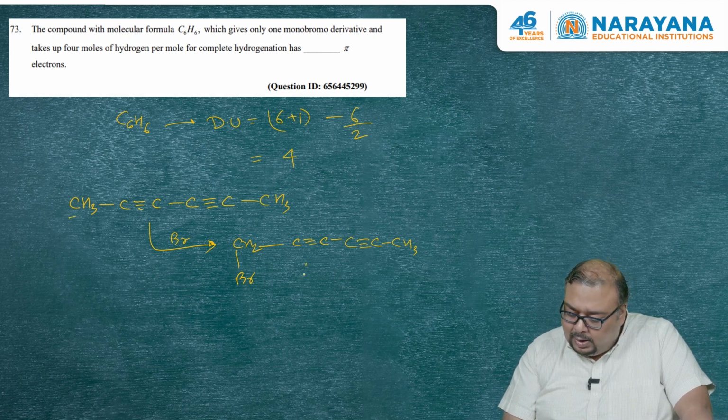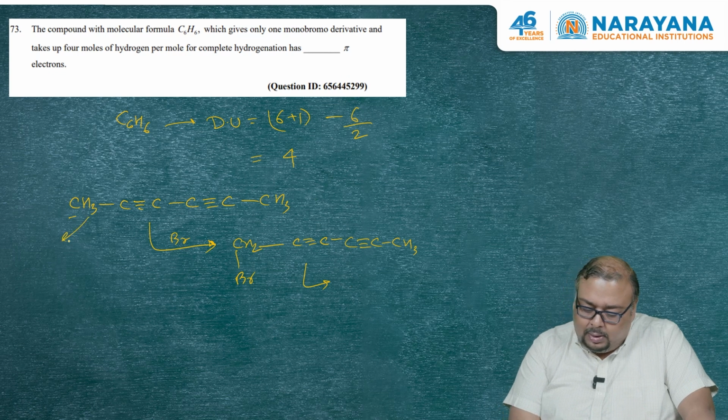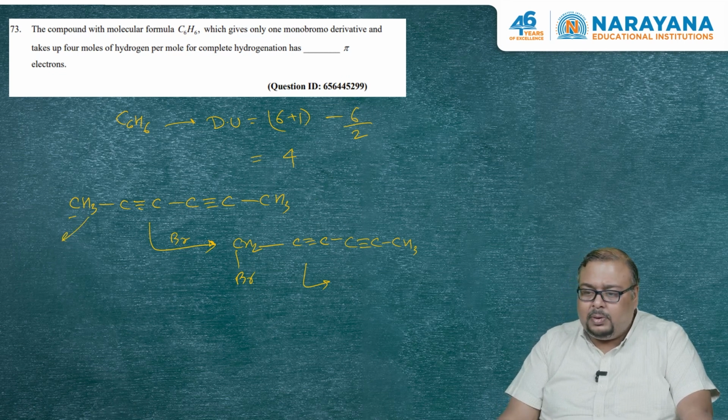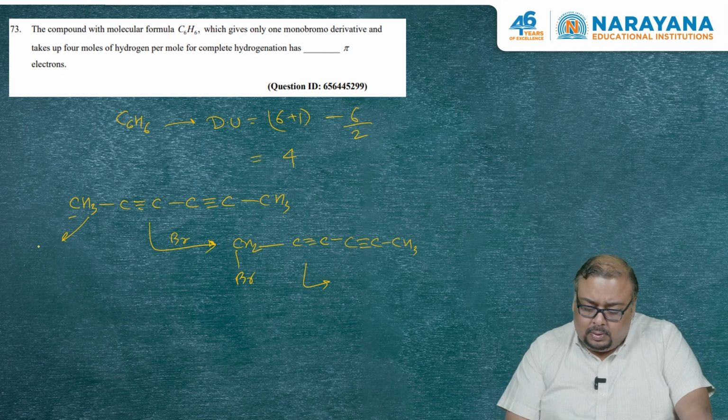So in this case, we can say that this compound is having 4 pi bonds, so it will take 4 moles of hydrogen. So this satisfies our answer. So it is having a total of 8 pi electrons. So the answer should be 8.